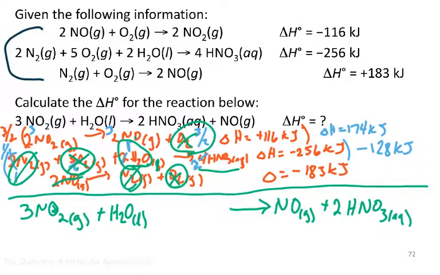And I have taken care of everything in my equations, which means now to find my delta H, all I have to do is add up 174 plus negative 128 plus negative 183 to get an overall delta H value of negative 137 kilojoules.